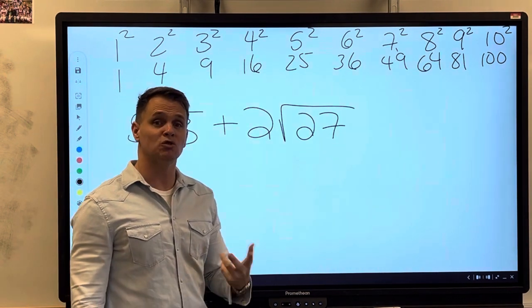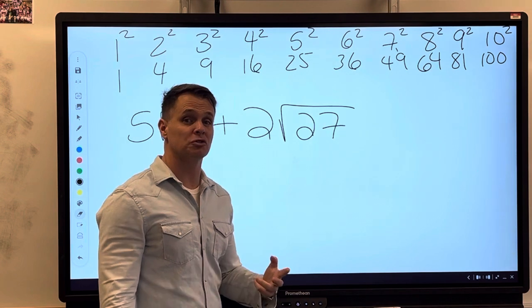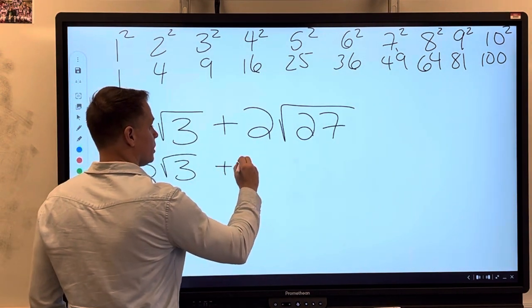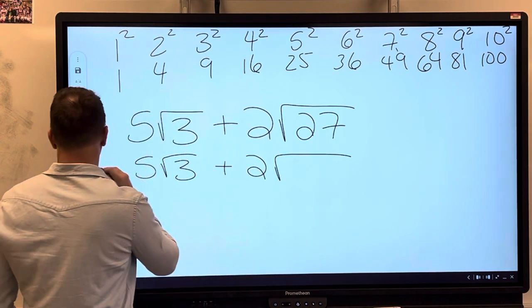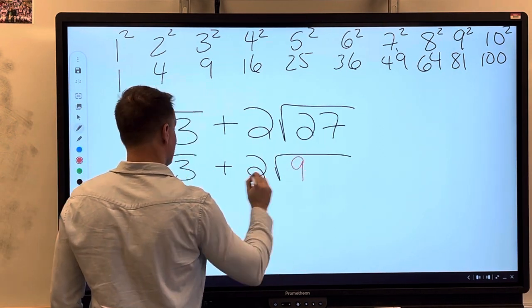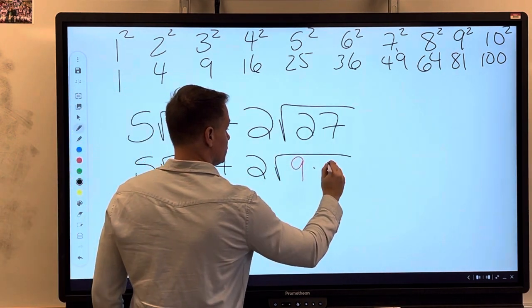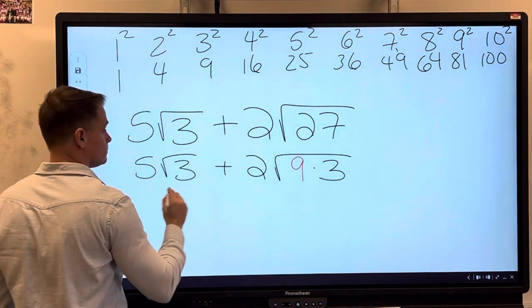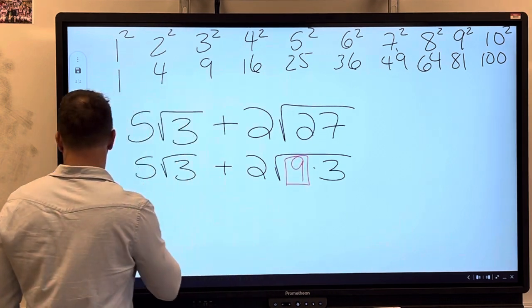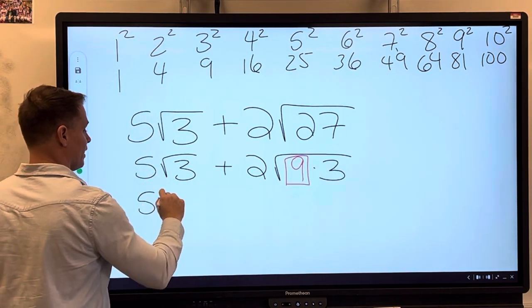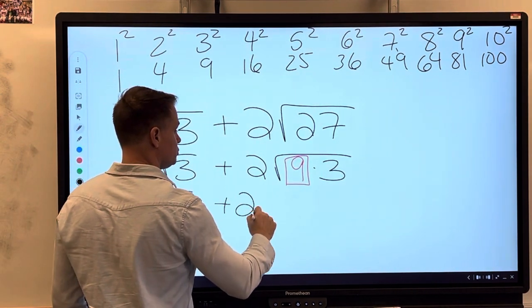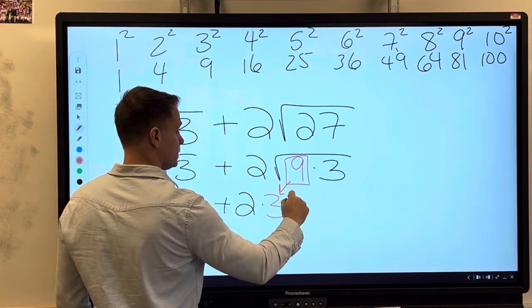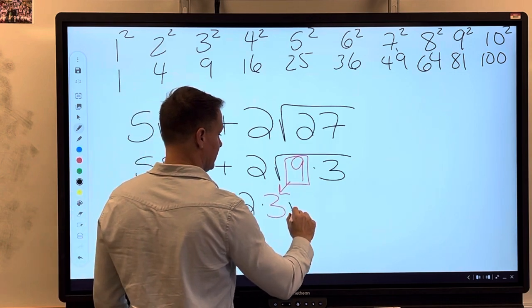What times what is 27? 9 times 3. So I'm going to put 5 times the square root of 3 again, plus 2. 27 is 9 times 3. 9 is a perfect square. So I'm going to rewrite again, 5 times the square root of 3 plus 2 times the square root of 9 is 3. And then I'm going to keep this 3 on the inside.